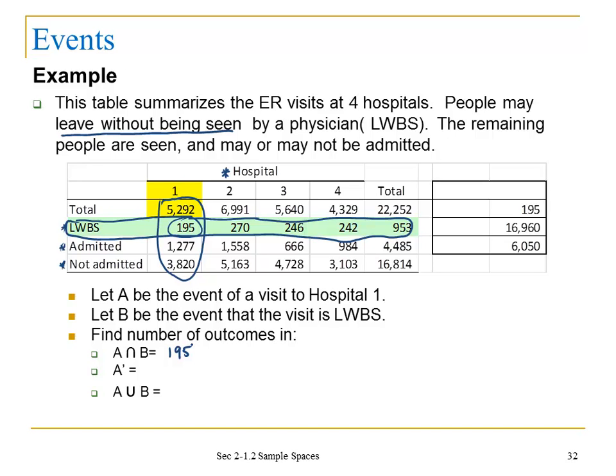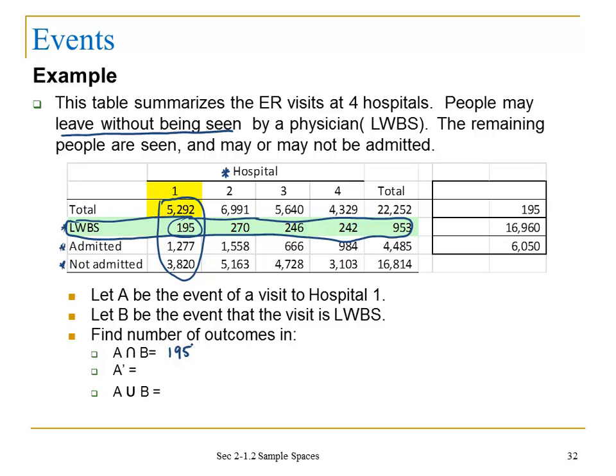Okay? What is part B? Part B is the complement of event A. So we know that the event A is the event of a visit to hospital 1. So the complement of that event will be the patients that visit any other hospital besides hospital 1.